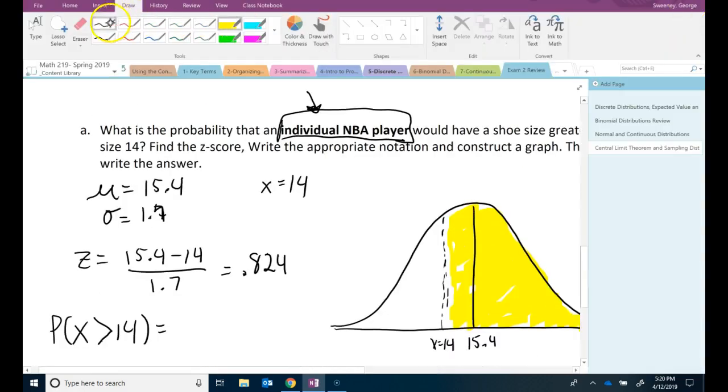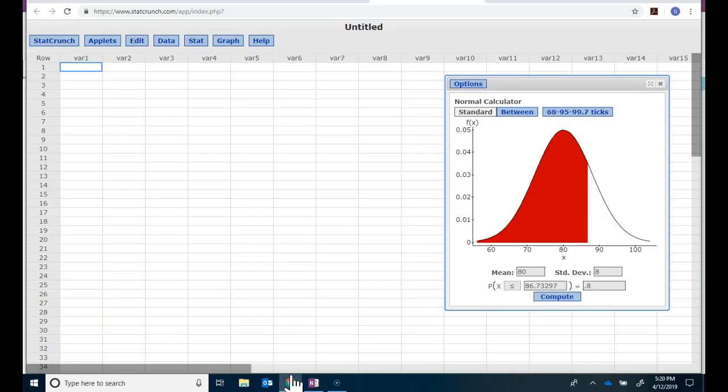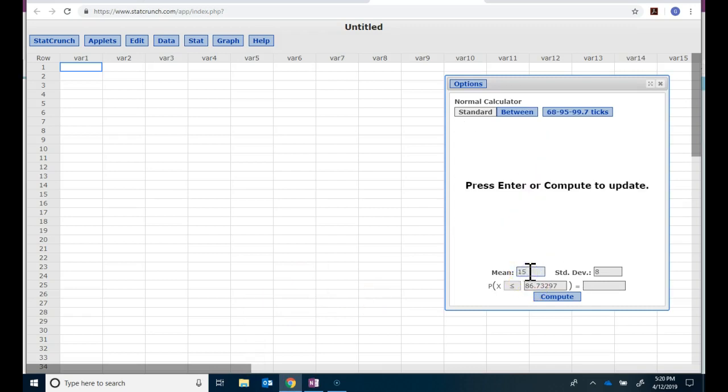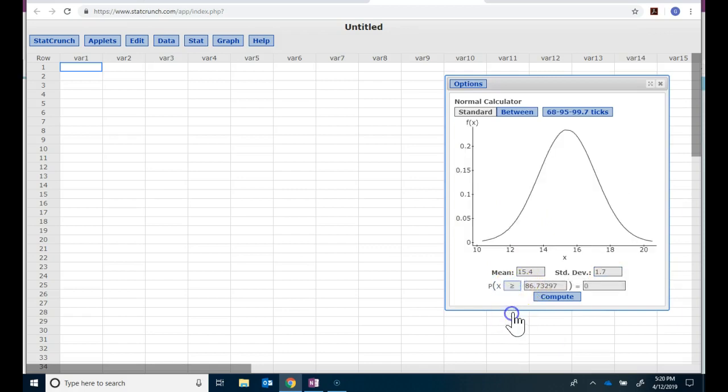Ta-da! Okay. Now, I'm going to go into StatCrunch. I'm going to put in my mean and my standard deviation. So 15.4 is my mean. My standard deviation is 1.7. And I want to know the probability that x is, in fact, greater than or equal to 14.